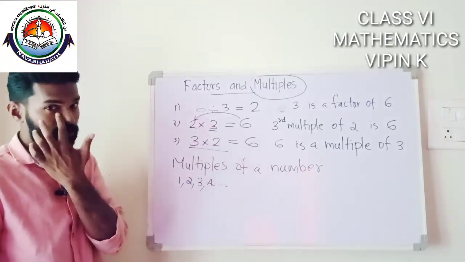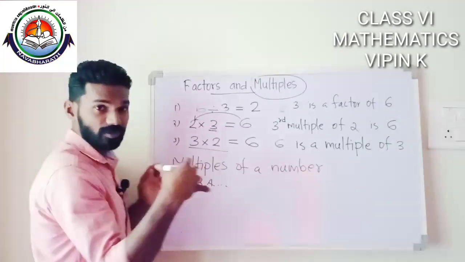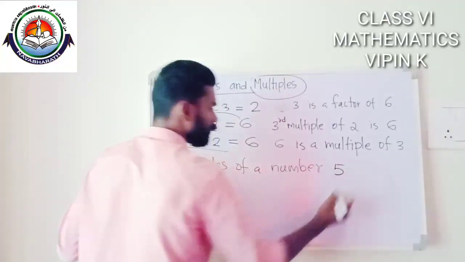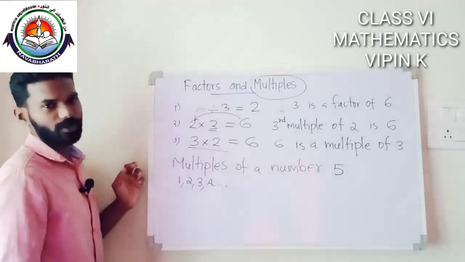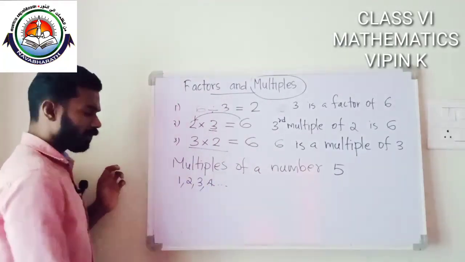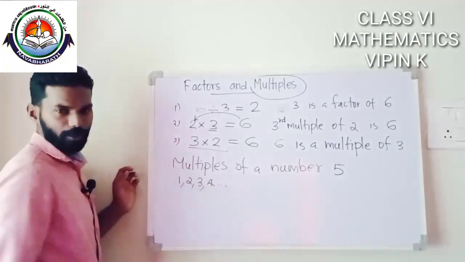Let's take an example. If we want to consider the multiples of the number 5, then what do we do? We multiply this number 5 with these kinds of numbers.